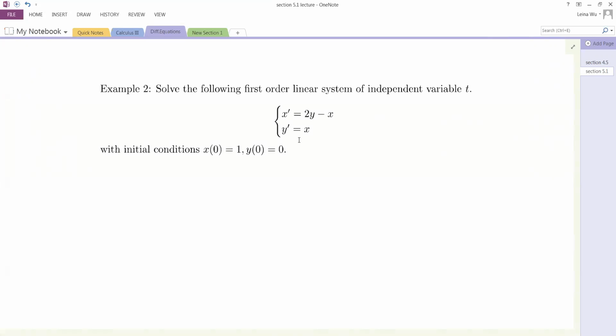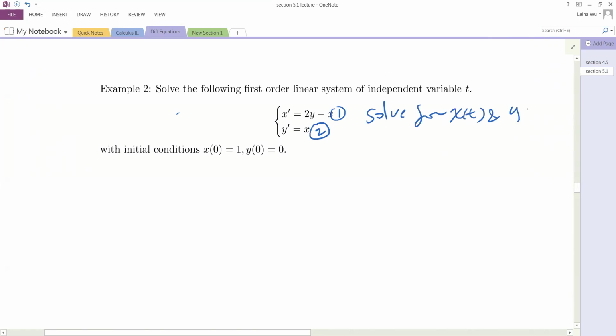Apparently you guys are interested in the substitution method. Okay, so let's call this equation 1. Let's call this equation 2. We're solving for x as a function of t and y as a function of t. Now equation 2 is relatively simple, right? y prime equals x.